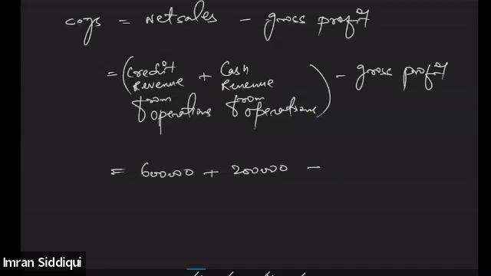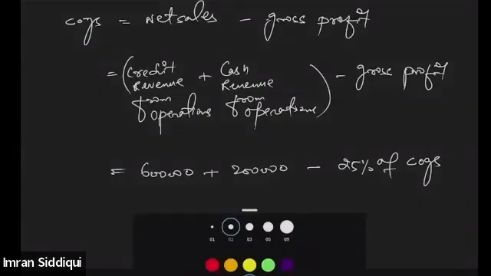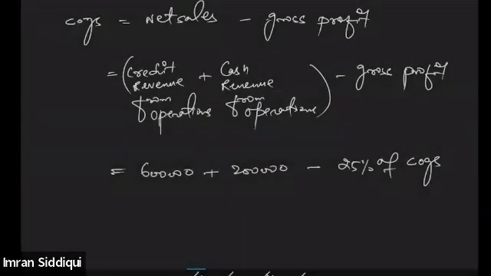Gross profit is 25% of cost, that is cost of goods sold. The thing is that cost of goods sold is not given in the question. So let's do one thing. Let's presume the value of the cost of goods sold as X. Can we do that? Can we presume the value of the cost of goods sold as equal to X? Yes, sir. Yes.